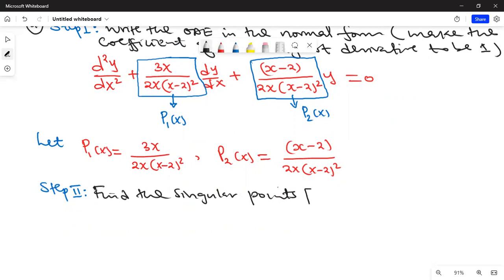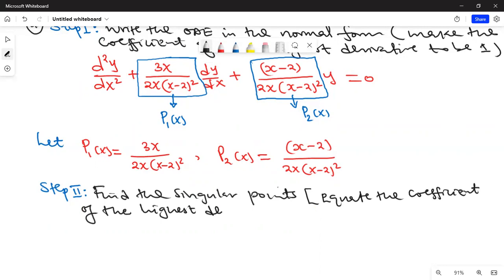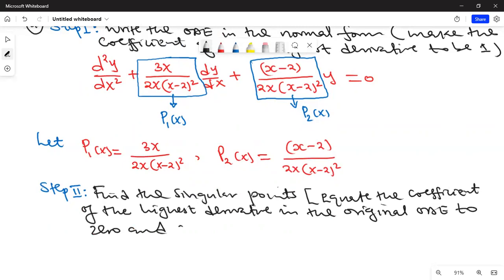So what I mean is, equate the coefficient of the highest derivative in the original ODE, that is, before you convert to the normal form, to 0 and solve for x.